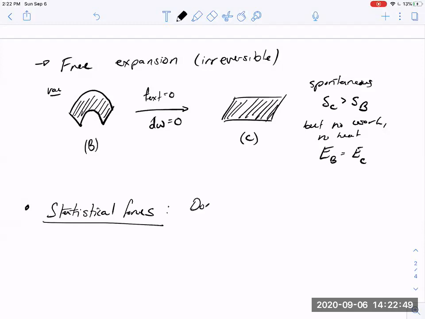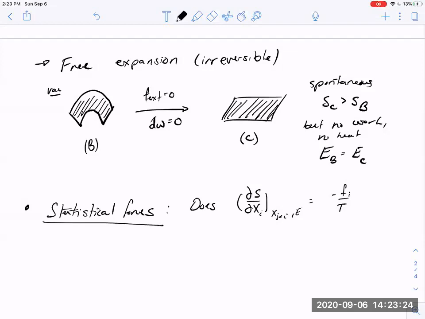To remind you, we defined a force conjugate to a mechanical variable xi as how the entropy changes as I change that mechanical variable xi, up to a factor of 1 over temperature.